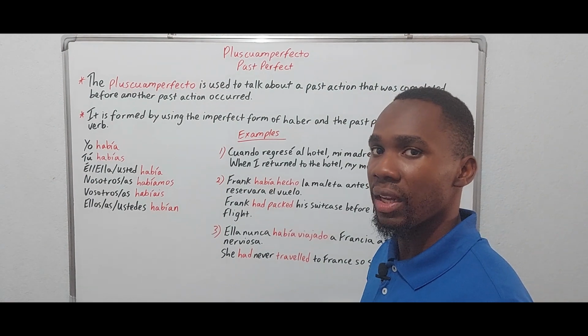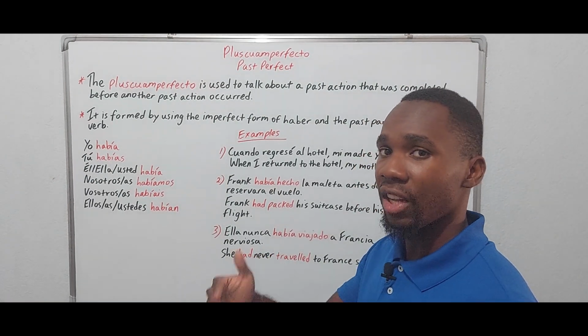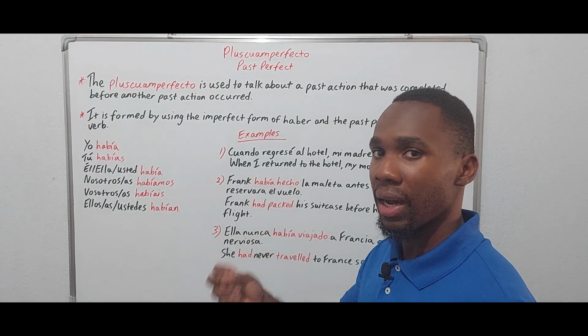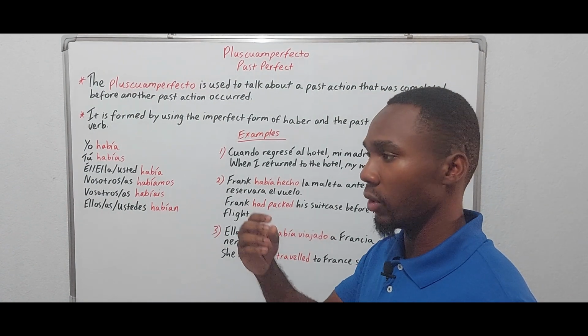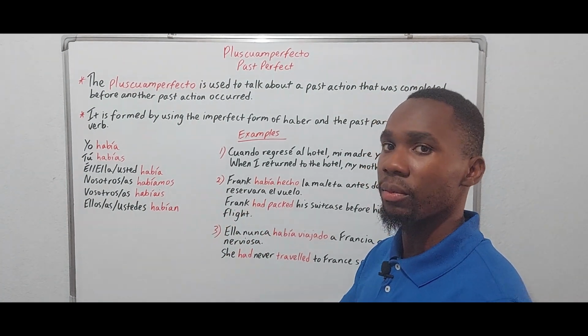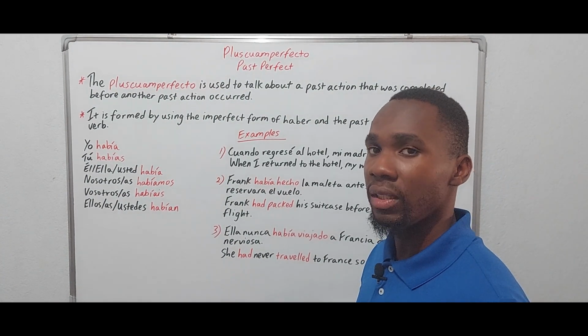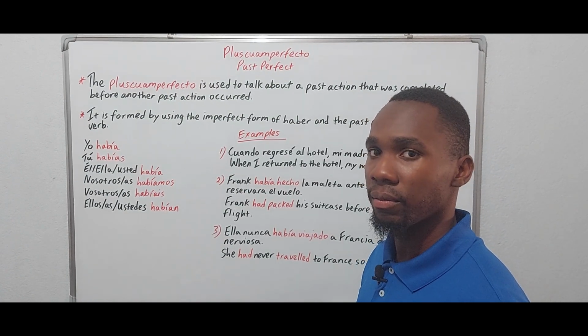If we have two events and we want to mention the action that occurred first in the sequence, we use the past perfect. Okay? So to talk about an action that occurred before another action. Simple. That's the only time we use the past perfect.